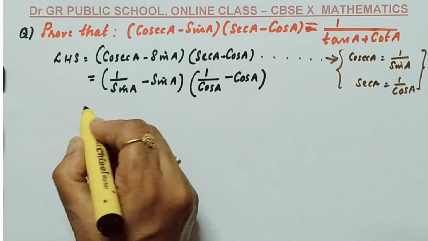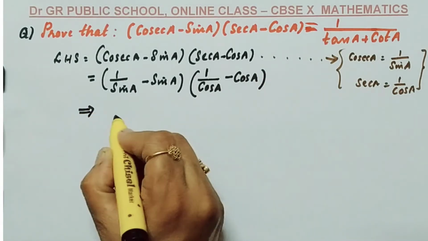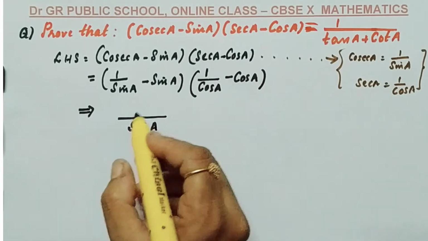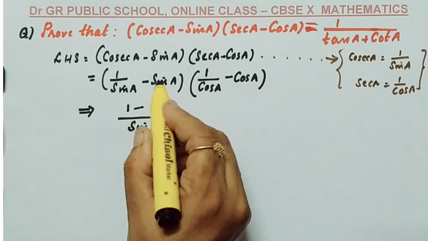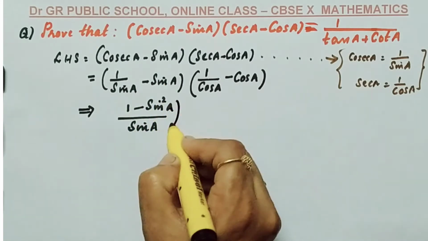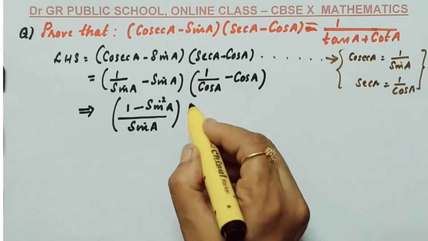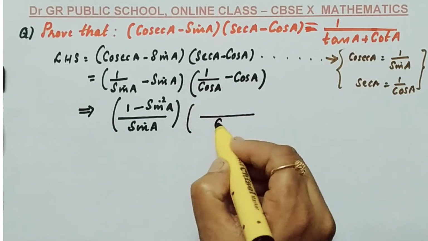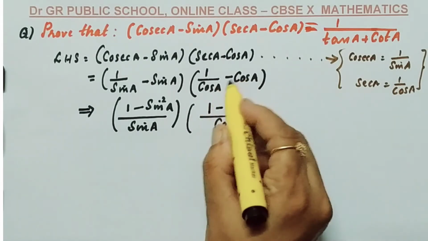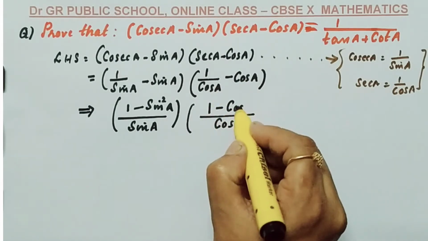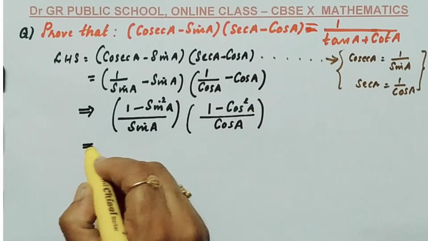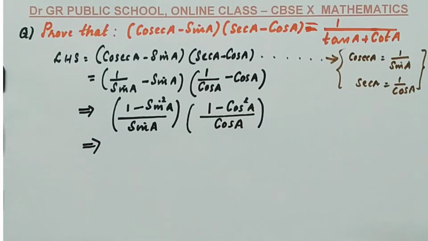What will be the next step? I am going to take the LCM sin A in the first bracket. Here comes 1 minus sin A into sin A, sin square A. After taking the LCM, this will be the first bracket. In the second bracket, I am going to take the LCM cos A. So here comes 1 minus cos A into cos A, cos square A. What is 1 minus sin square A?